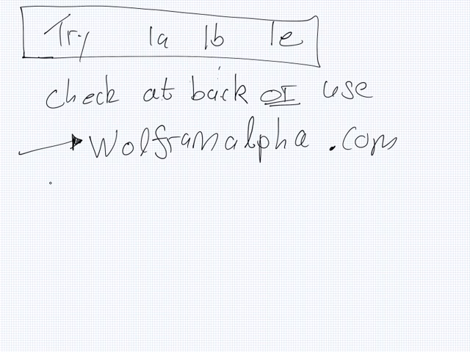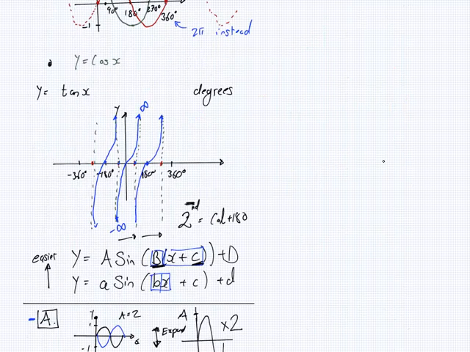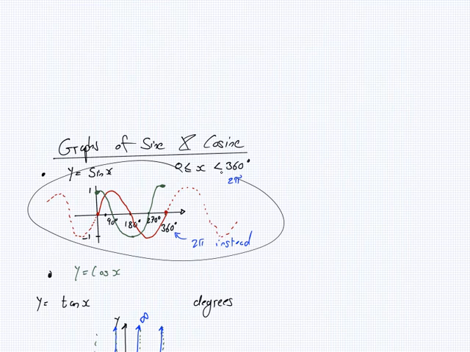Are you talking about how did I know this? This one I knew as a fact from what I did at the start. Minus 1 to 1, 0 to 360, okay?